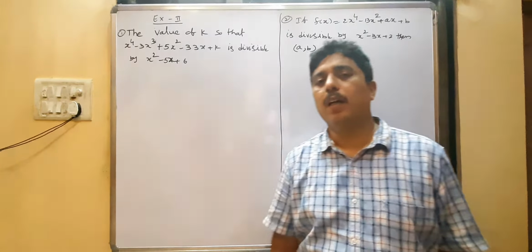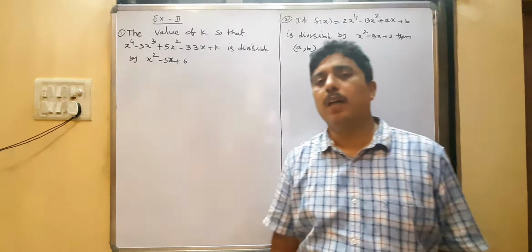Coming to the next question. Let P of x be a polynomial of degree greater than 2. Greater than 2 means that P of x is a polynomial of degree 3 or 4, like that. P of x leaves a remainder a and minus a when divided by x plus a and x minus a.